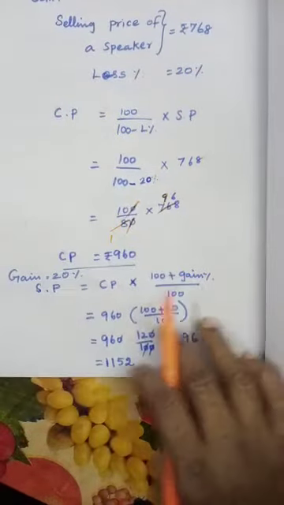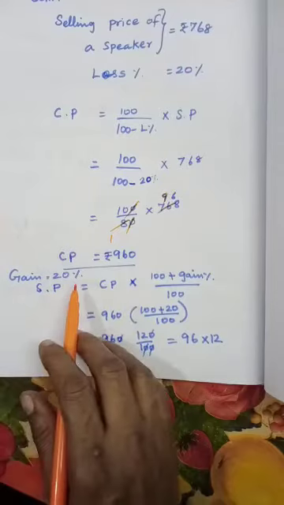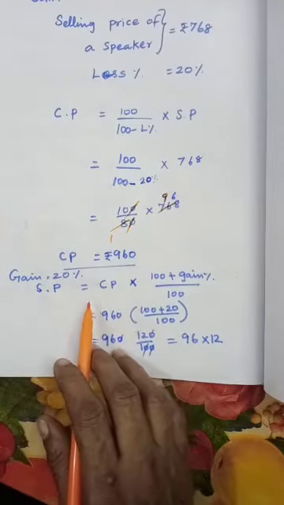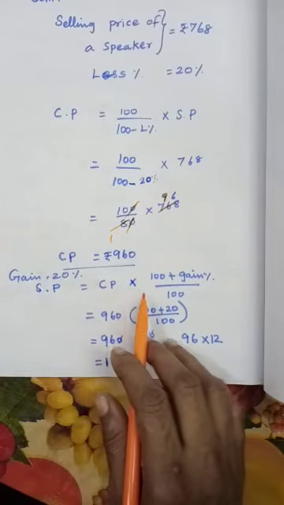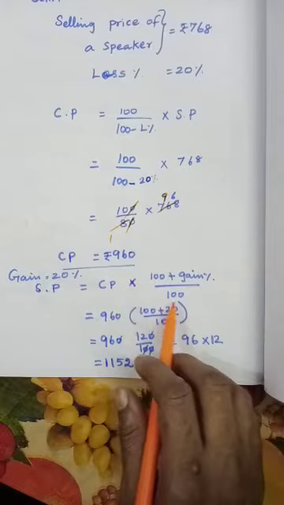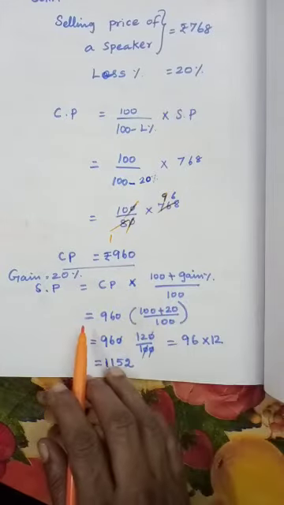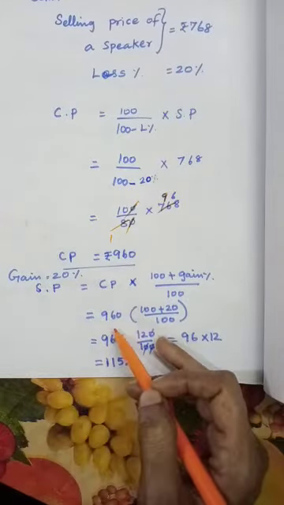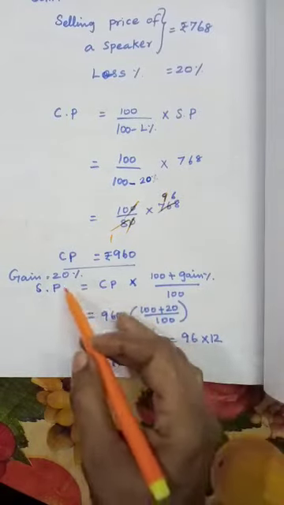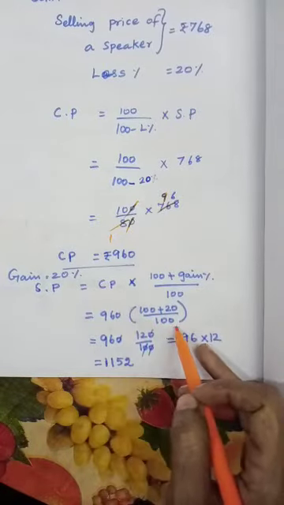Then next one, gain 20%. That is, SP is equal to CP into (100 plus gain percent) by 100, which is equal to CP 960 into (100 plus 20) by 100.